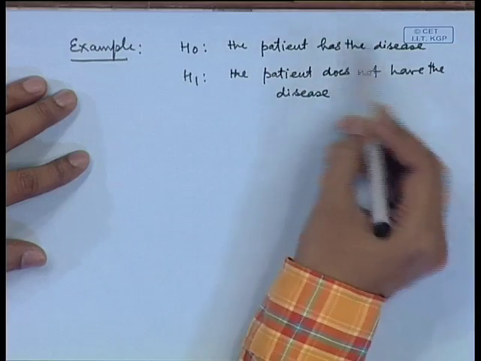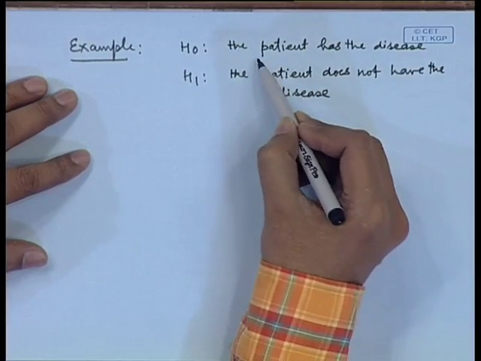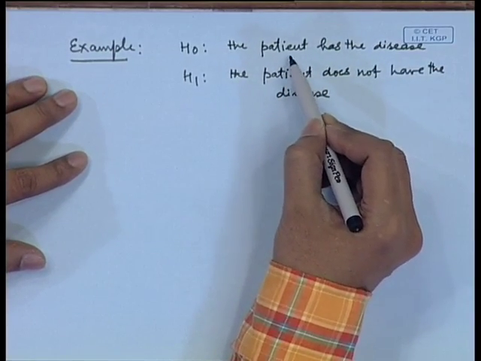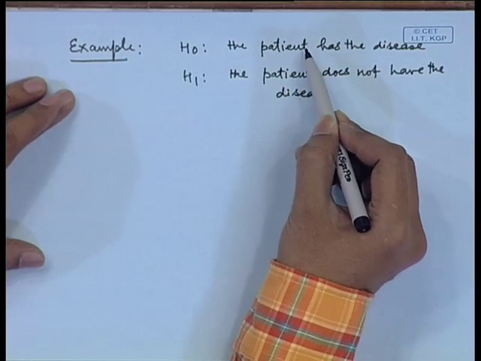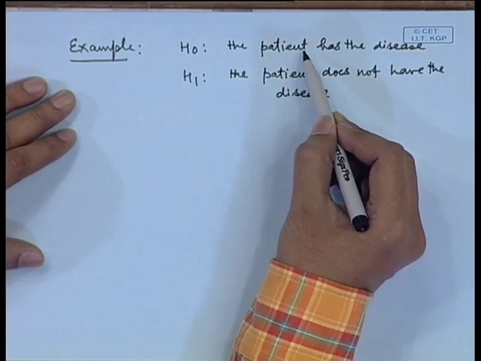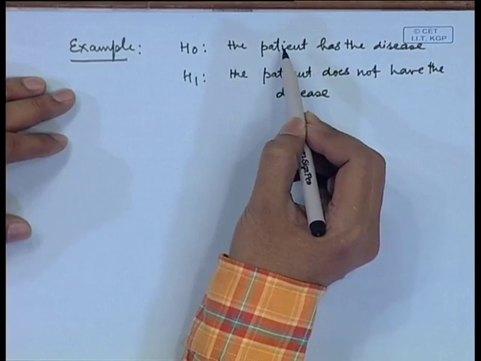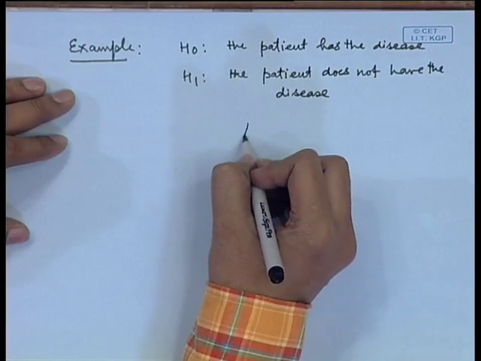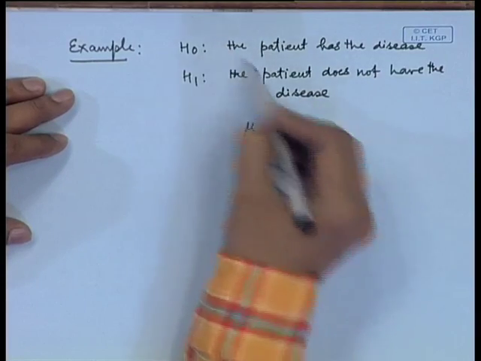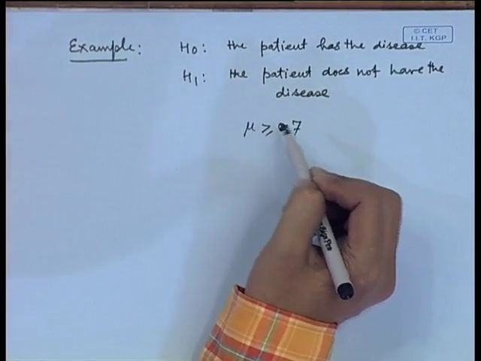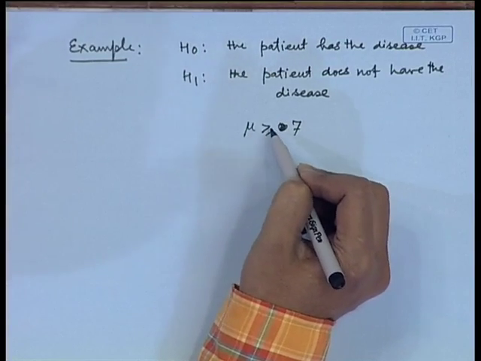I have written the hypothesis in verbal terms, but a statistical hypothesis will mean that this is related to a certain parameter. For example, it may be related to a certain mean of the measurement. So, you may say that if mu is greater than or equal to, say, 7, then this may be the count of, say, leukocytes or whatever, or maybe ESR rate.